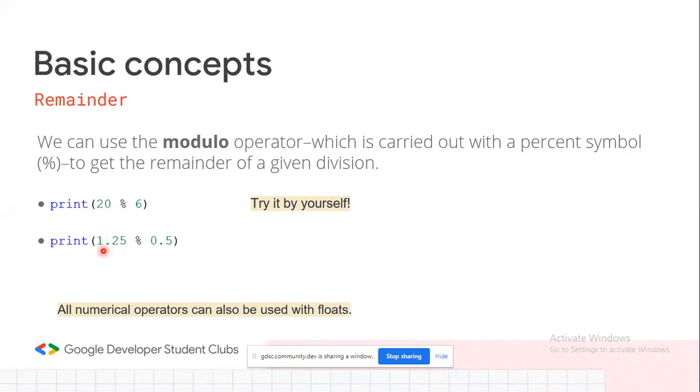How about using floating point like here, in this example, 1.25 modulo 0.5. We would like to know whether this modulo operator will keep working for floating point numbers or not, so let's just try it by ourselves.